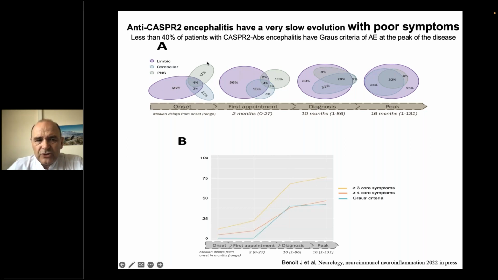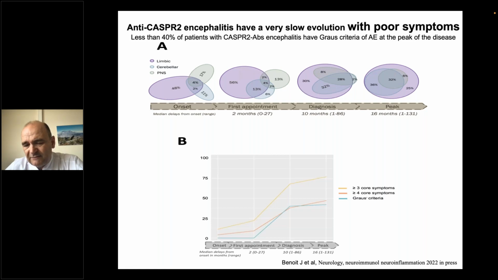And in 17% of patients, it's sensory neuropathy with small fiber involvement, and some of them may develop cerebellar ataxia. And you can see that the diagnosis may be made more than 10 months after the onset of the symptoms.